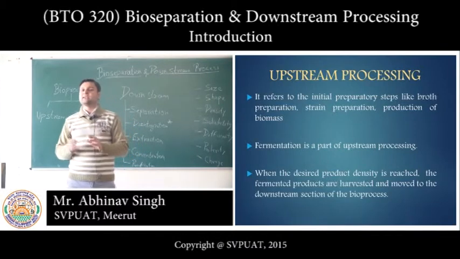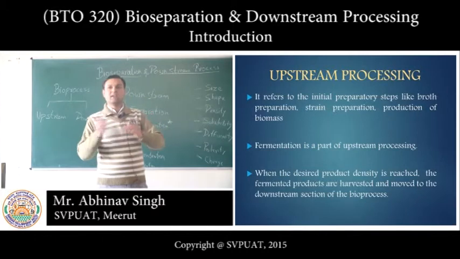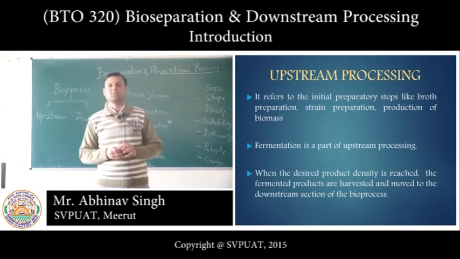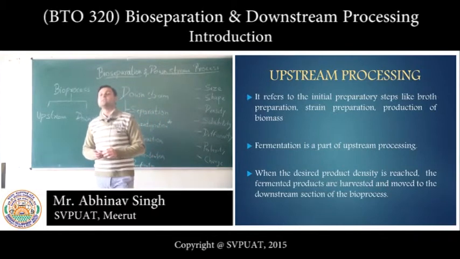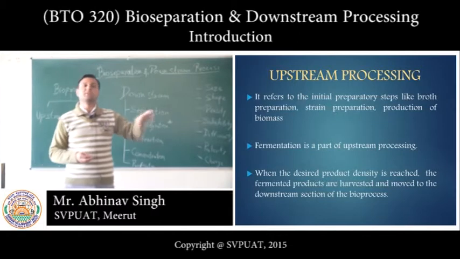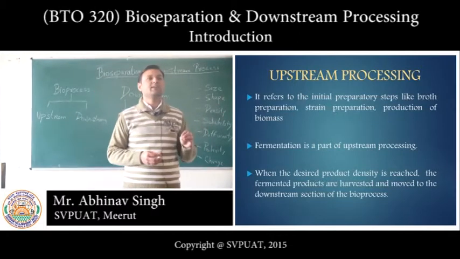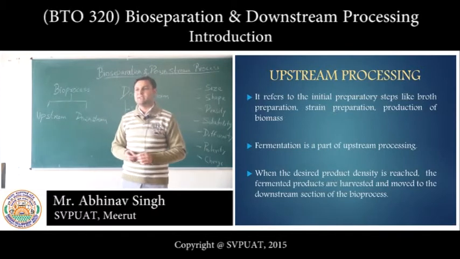If it fails there, it is much easier to assess whatever parameters are not in order. We can fix those things. But if we fail directly at the commercial level, that will cause a huge loss, and it is very difficult to get to the basic problem, whereas it is easier to find the problem in small level fermenters.